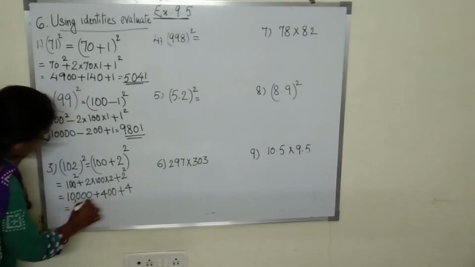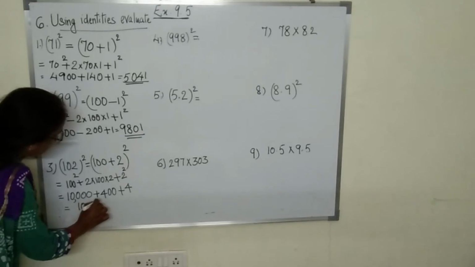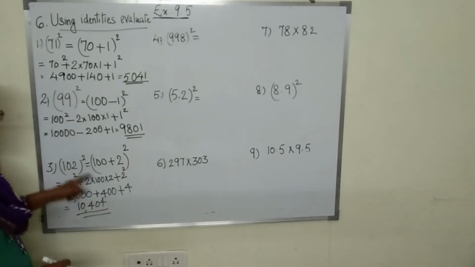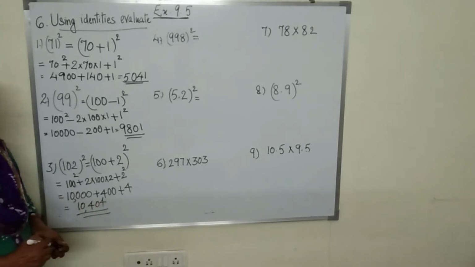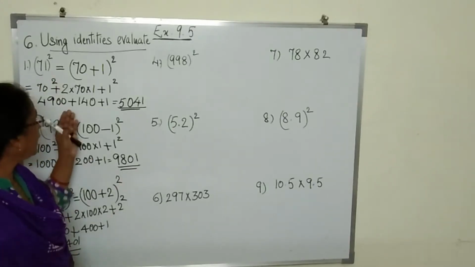So when you add, we get 10,404. So 102 whole square, we got 10,404.